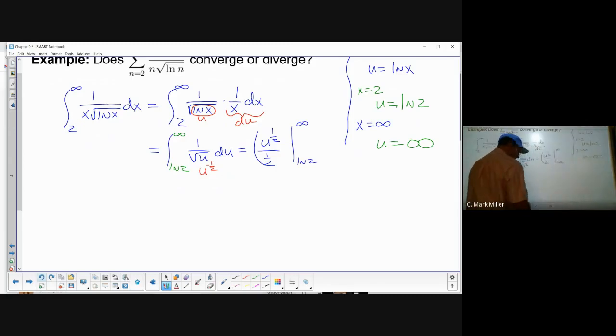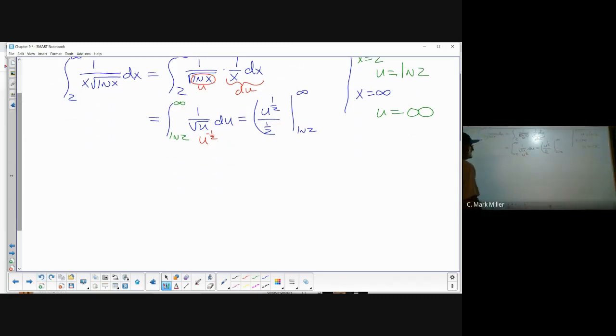Now, we haven't dealt with that infinity properly. The 1/2 on the bottom becomes a 2. So that's going to be 2 times the limit as k goes to infinity of u to the 1/2 from log 2 to k.